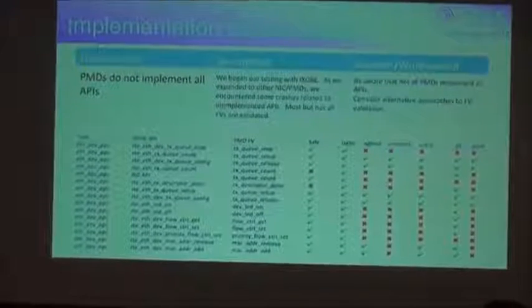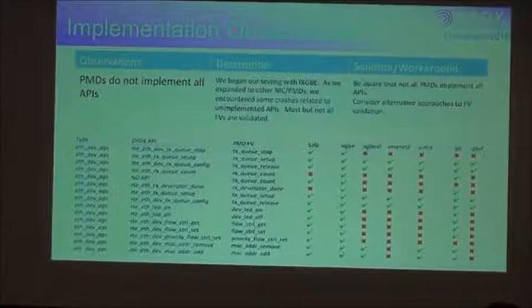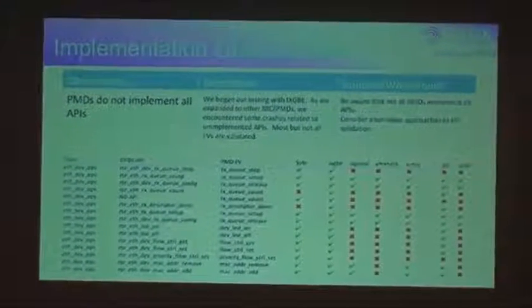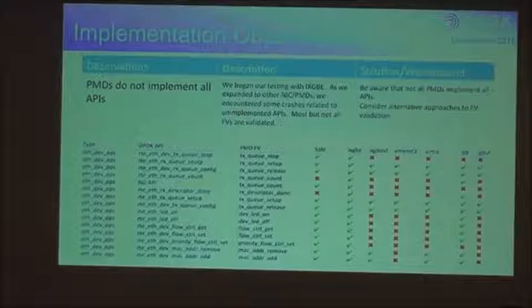They don't all implement all of the APIs. We got alarmed at first, because we happened to be using an API that wasn't implemented across all of the PMD drivers. When we first tried, I think it was VMXNET3 or IXGBE VF, we were calling RxQ count.